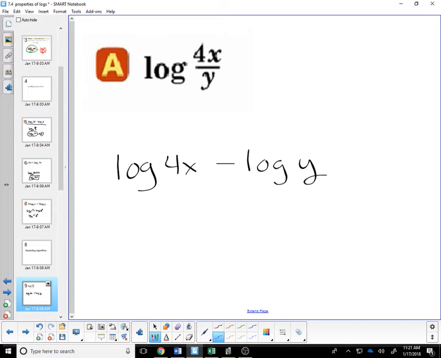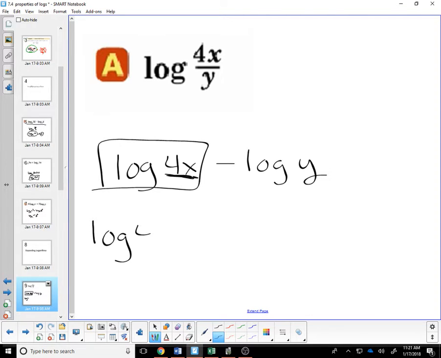I could actually keep going if you wanted to. Does anybody see why? What is that? That is a product, isn't it? That is a product. That means that if I have a product, I can write them as a sum.